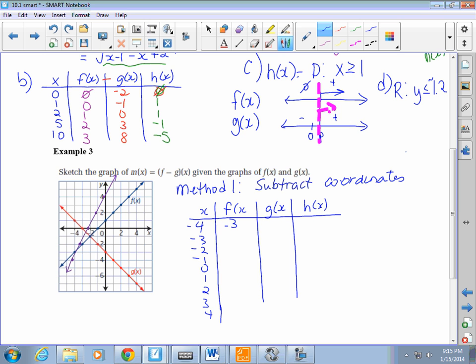When it was at -3, my y value is at -2. When it was -2, it was -1. -1, it was at 0. 0, it was at 1. 1 is at 2. 2 is at 3. 3 is at 4. And 4 is at 5.